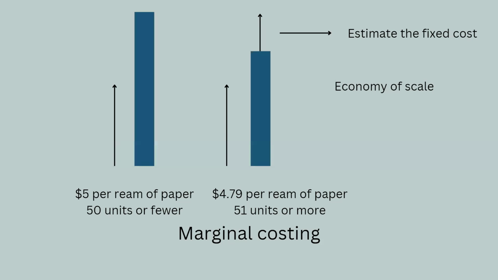And if the business has the right strategy, they may sell enough quantity of units to generate a profit. And if a supplier uses marginal costing, they may give you some offers, like a discount when you purchase more units. Okay, so that is marginal costing.